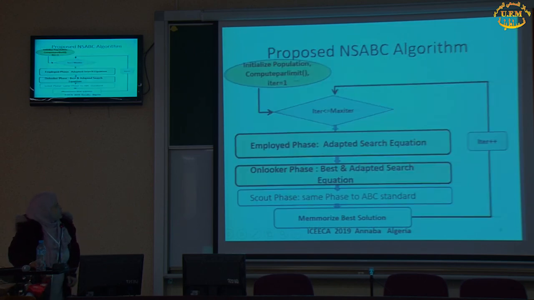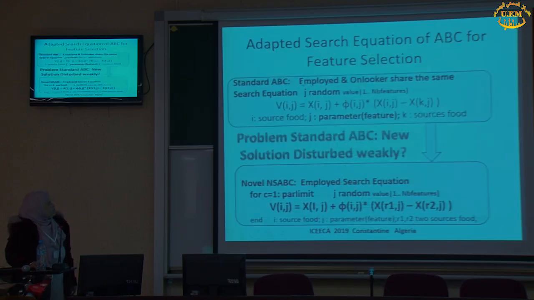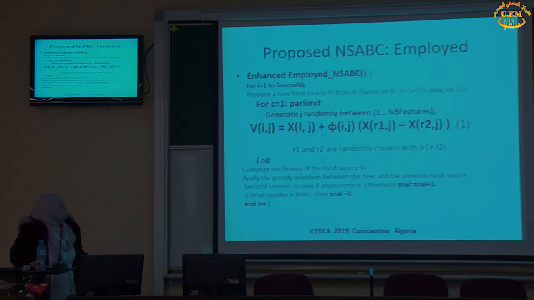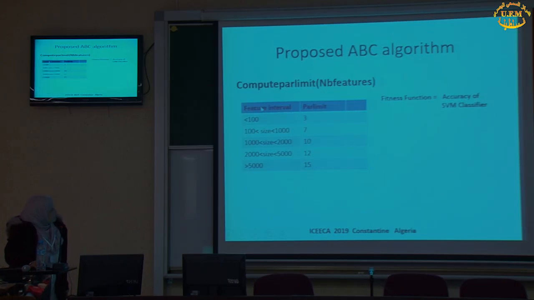Here, computed per limit. This function calculates the number of features to be modified depending on the size of data. For example, for data having less than 100 features, the number of features to change is equal to 3.